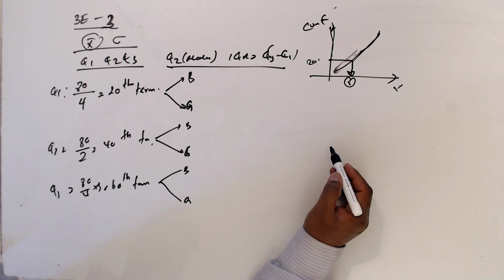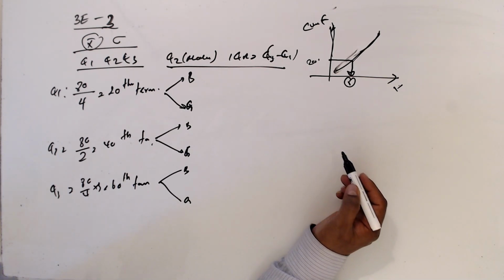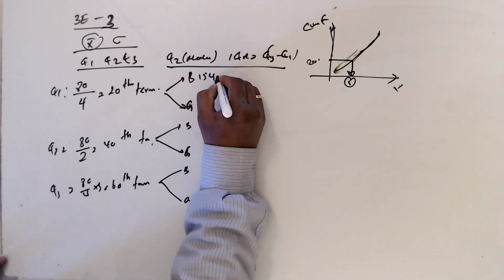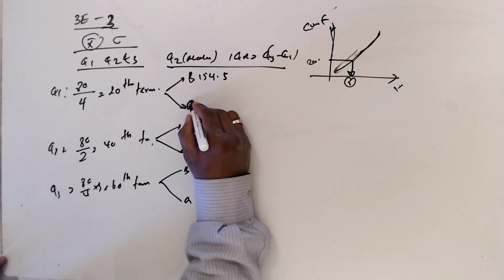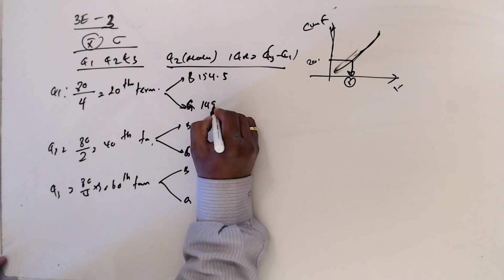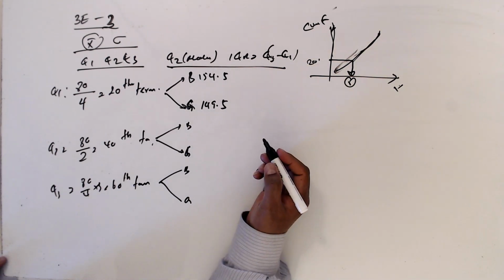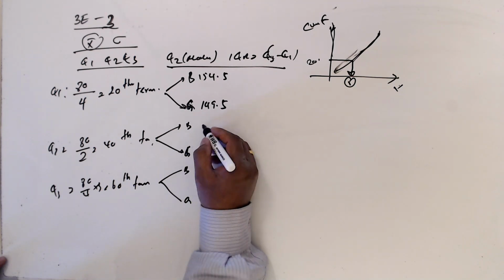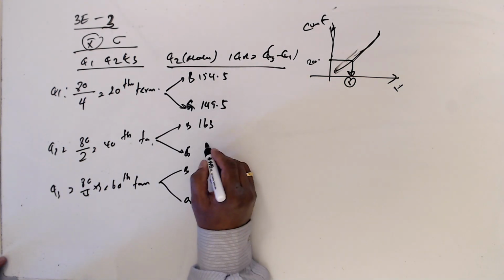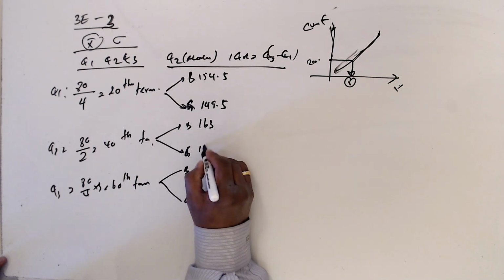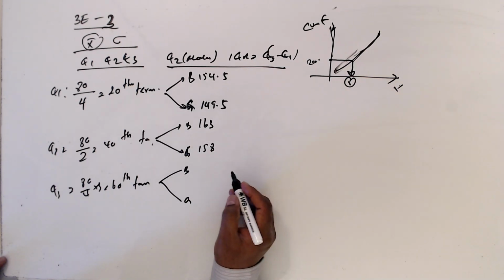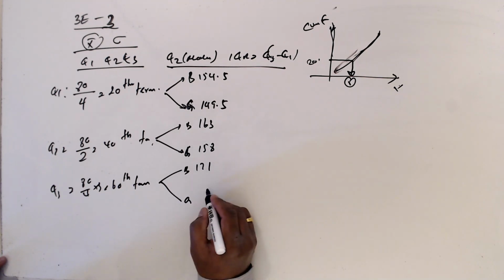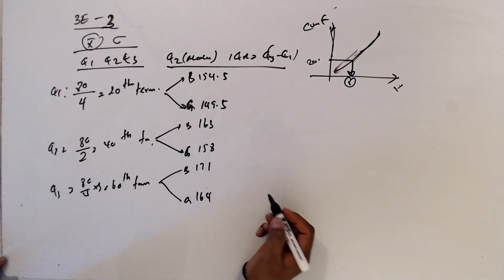So you can see that Q1 for boys is 154.5 and for the girls 149.5, and Q2 for boys is 163, and the median is 158 for girls, and Q3 is 171 and 164.